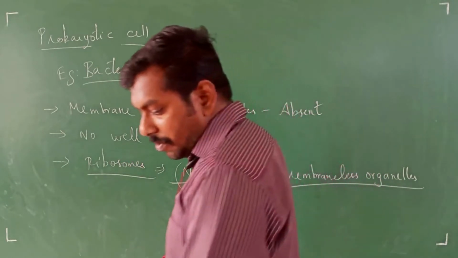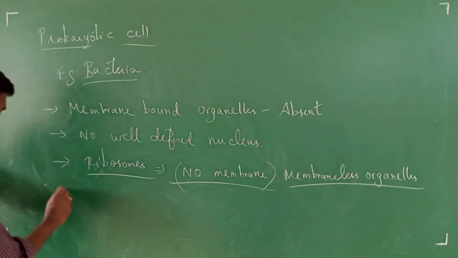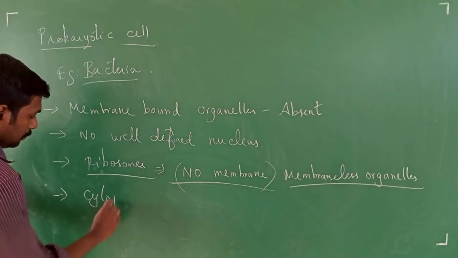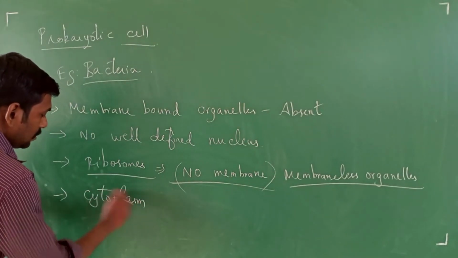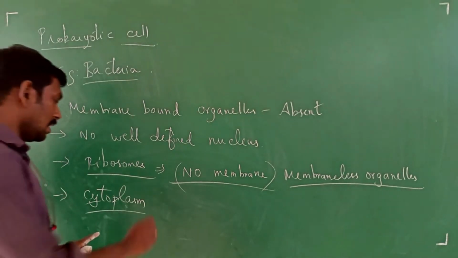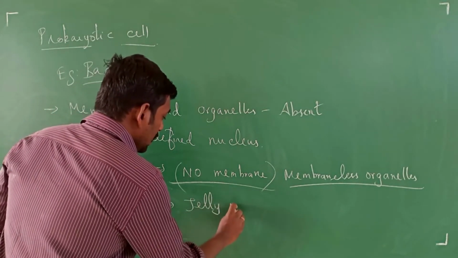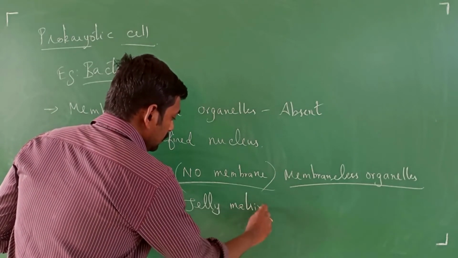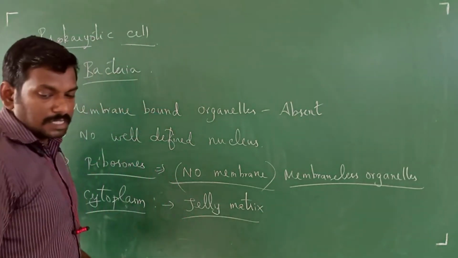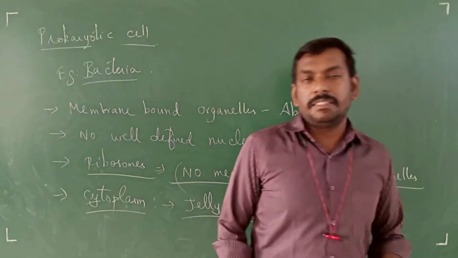And when we see the structure, you will be having the cytoplasm, which is present in both prokaryotic and eukaryotic cells. Cytoplasm is the jelly matrix, the semi-solid, semi-fluid matrix present inside the cell.